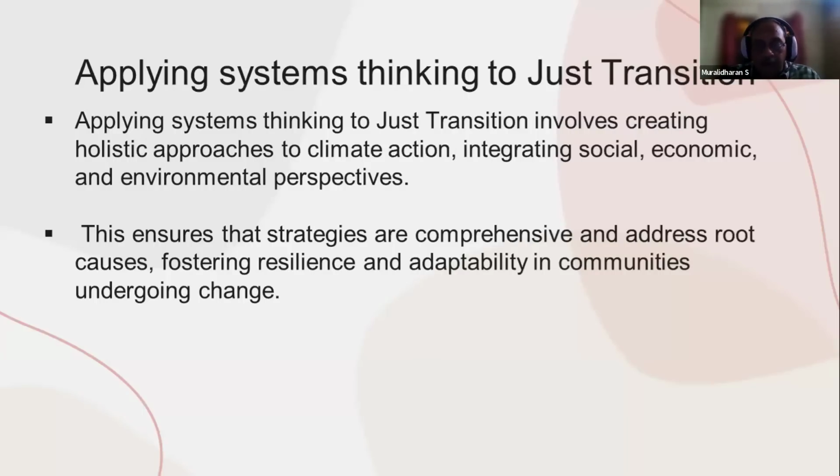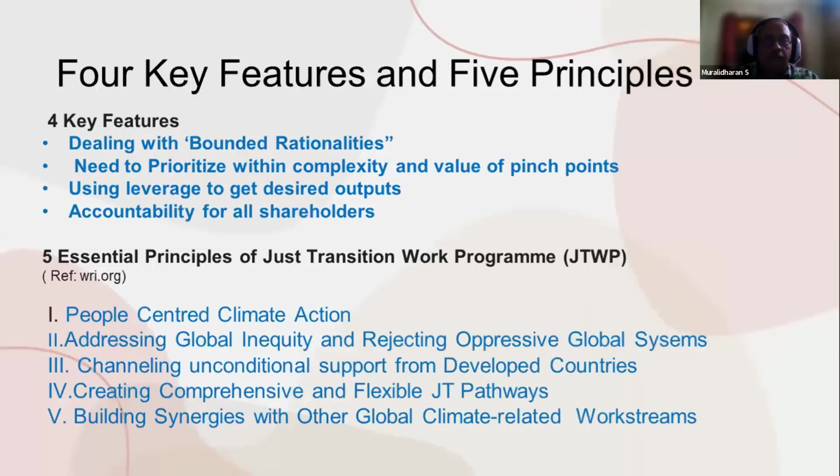Second is the adaptability to the changes. With any change there is resistance, and it becomes very important that there is adaptation amongst the public when transition requirements are proposed. So there are four key features and five principles when we talk about just transition.